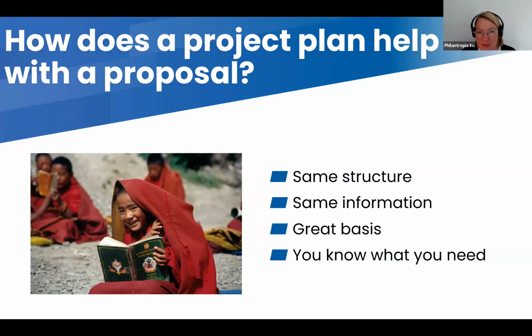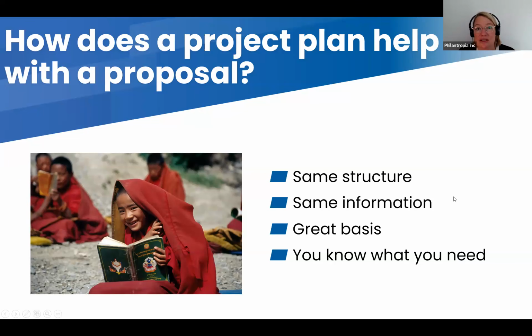If you always write new proposals, then sometimes the project changes in your mind, and that can be tricky. And you also exactly know what you need, because if you've already lined out a basic budget, it will inform your donor research. You will know if you're looking for a donor that can offer you 10,000 or can offer you 100,000, etc. You know what you're looking for.